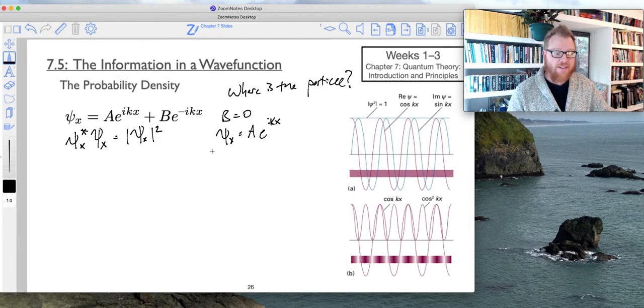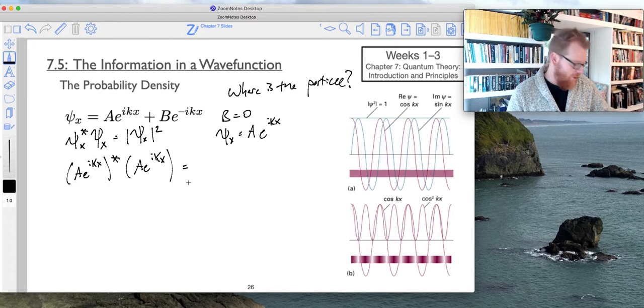And if I go and take the square modulus of this thing, I'll fill in this notation: it's going to be A e to the i k x, and the conjugate of that, that's star, times the wave function, right? So I'm just filling that in, psi star psi.